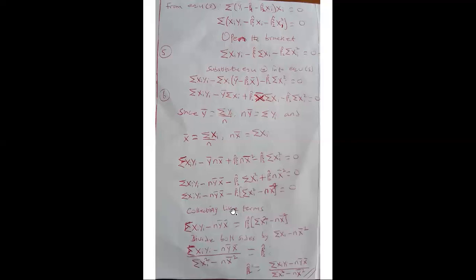Okay, so this is the expression. You can see that we have summation x here, so it should be summation x squared. So this expression, summation x squared minus n x bar squared. So we divide by this expression. That's what is done here. So when we divide this expression by this, we have beta 2 hat.